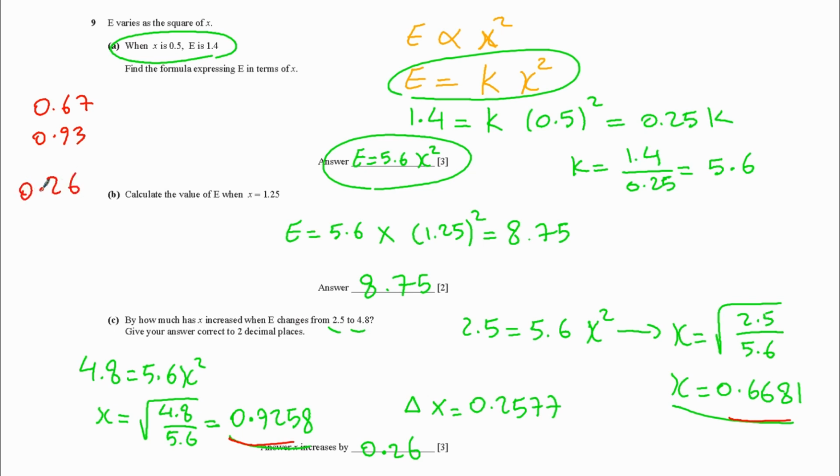That is still a right answer if you had rounded to 2 decimal places here and here and subtracted. But if one of these numbers, for example, if that 5 was a 4, then your 2 decimal places would have been just 0.92. And that would have made a difference.